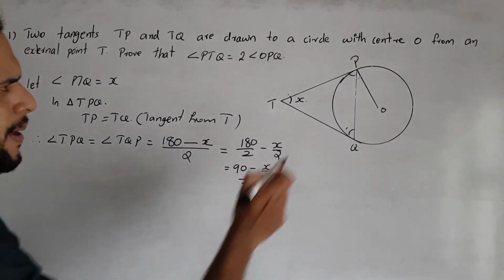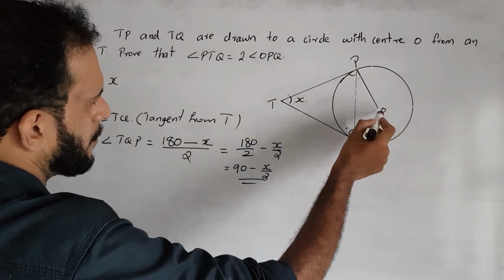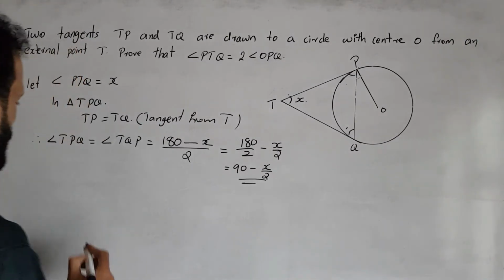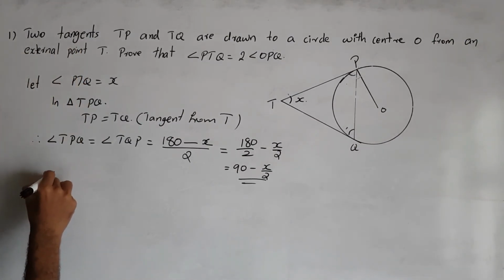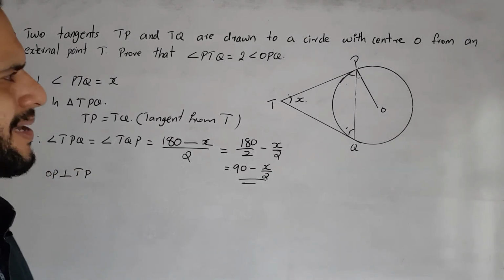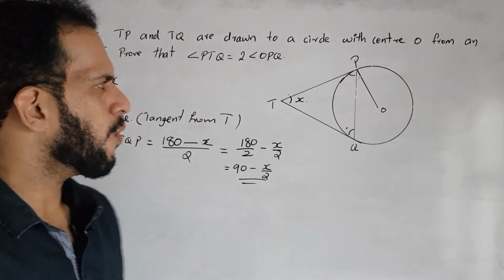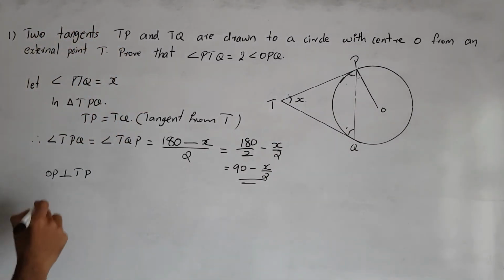So it's very clear, P is a point of contact and TP is a tangent. Therefore OP is perpendicular to TP, because OP is a radius drawn through the point of contact, correct?